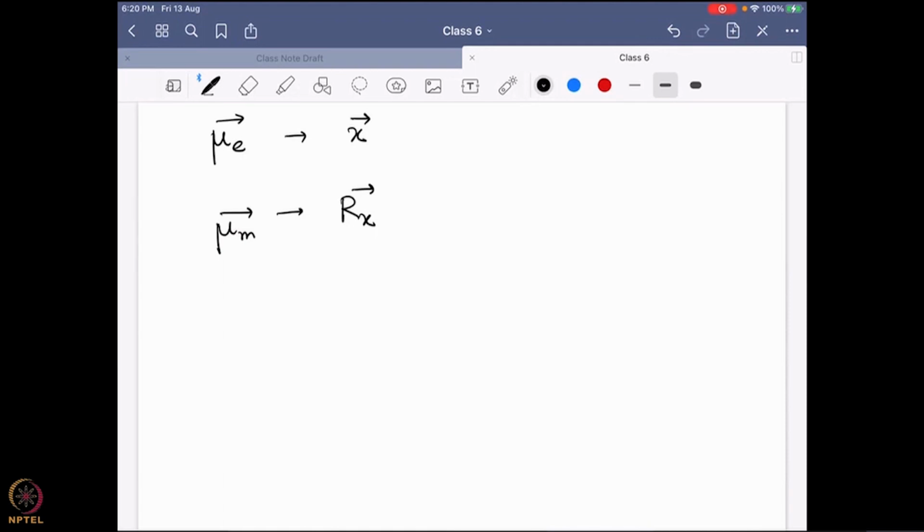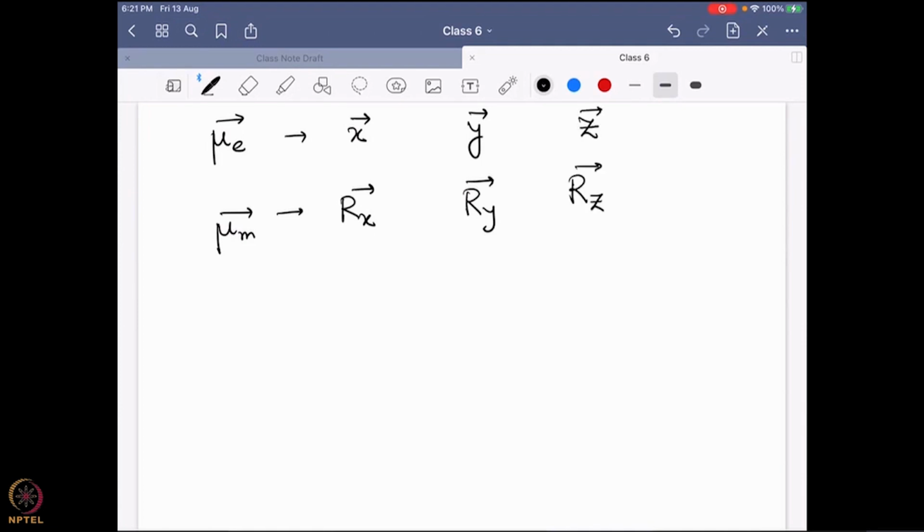If the electrical field is going in one direction, the magnetic field you need with respect to that is the magnetic field perpendicular to that. That means x needs Rx. Similarly, you can have y direction. The magnetic moment corresponding to that will be Ry, and you have z direction and Rz.